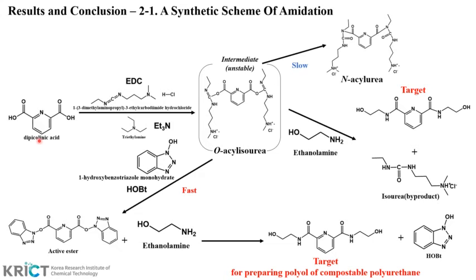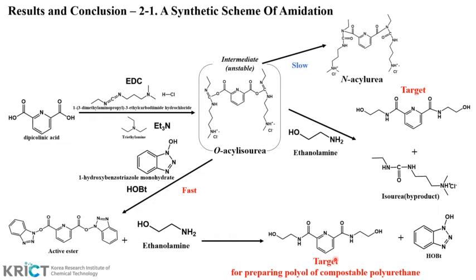To make an amide bond on the bifunctional group of DPA, I synthesized the DPA and ethanolamine. EDC as a carboxylic activator, triethylamine as a catalyst, and HOBt as a nucleophile were used respectively.